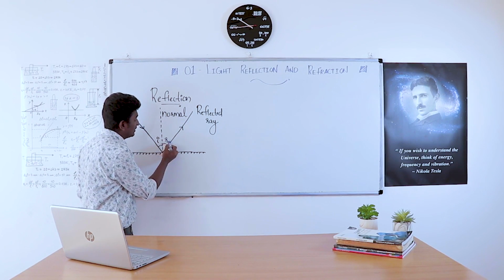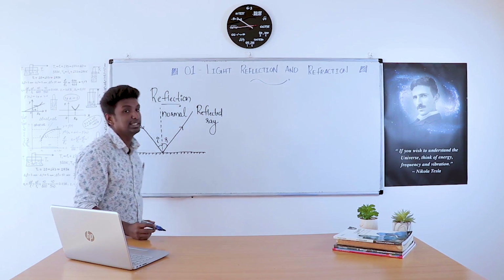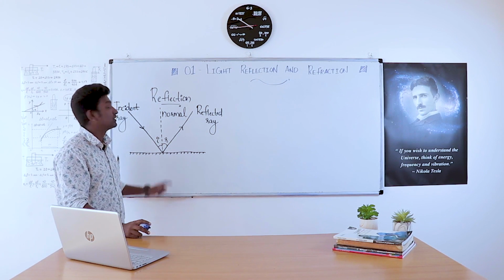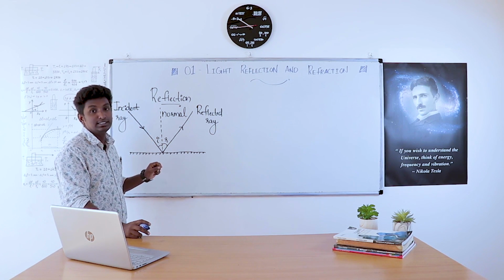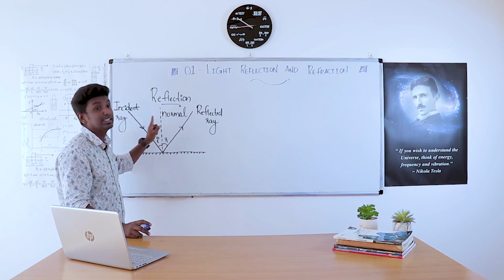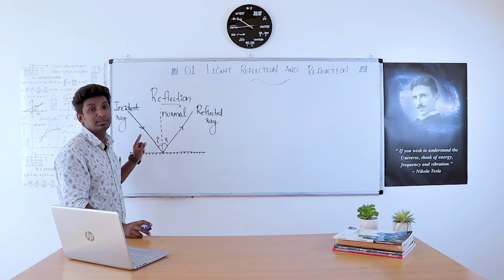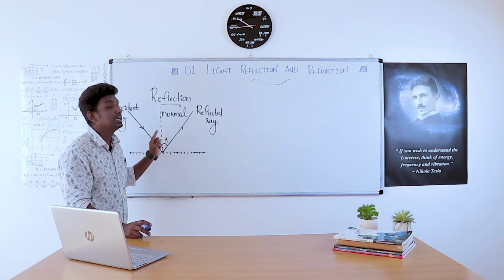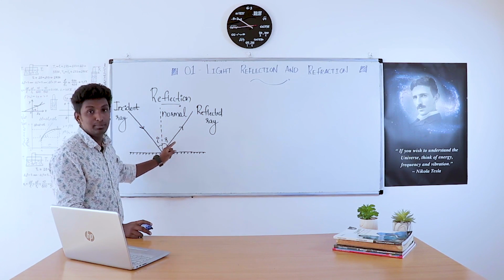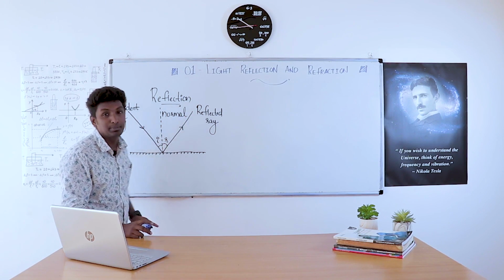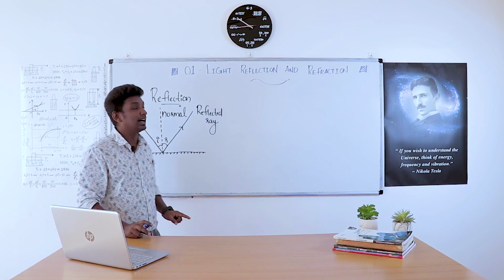This angle is known as the angle of reflection. So what is the angle of incidence? The angle of incidence is the angle between the incident ray and the normal. It is represented by the small letter i. What is the angle of reflection? The angle of reflection is the angle between the reflected ray and the normal, and it is represented by the small letter r.